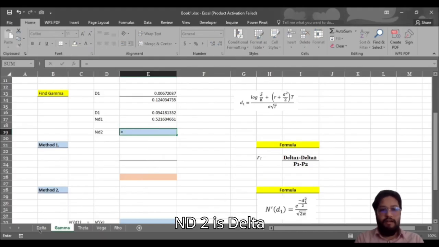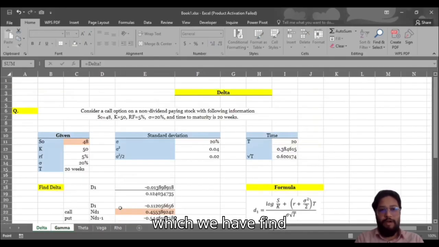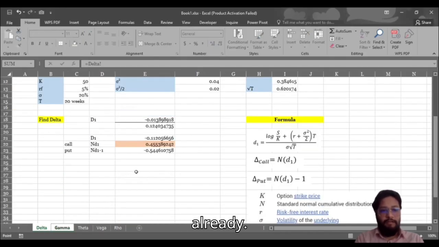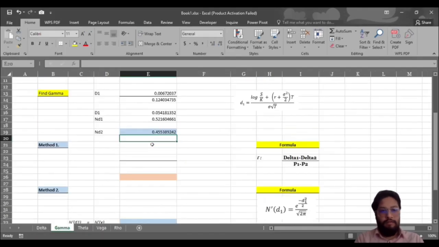And D2 is the delta, which we have already found.